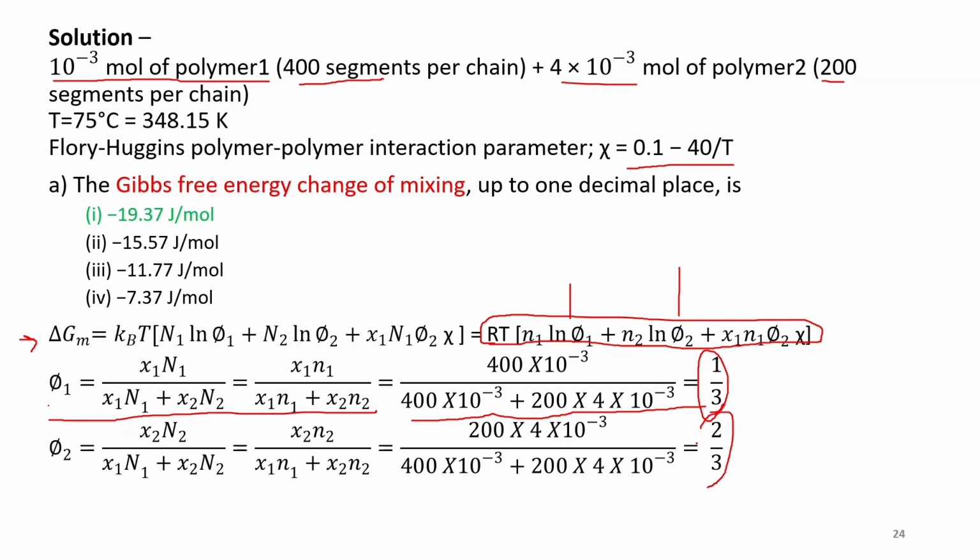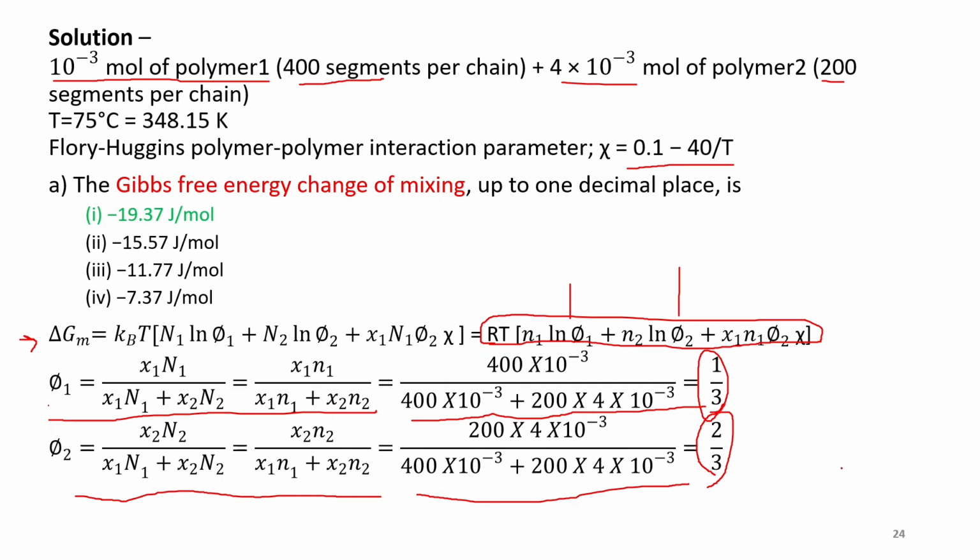Also we can calculate the volume fraction of polymer 2 by the main formula, x2 N2 divided by x1 N1 plus x2 N2. x2 is 200 and N2 is 4 into 10 to the power minus 3, divided by x1 N1, which is 400 into 10 to the power minus 3, plus x2 N2, which is 200 into 4 into 10 to the power minus 3.